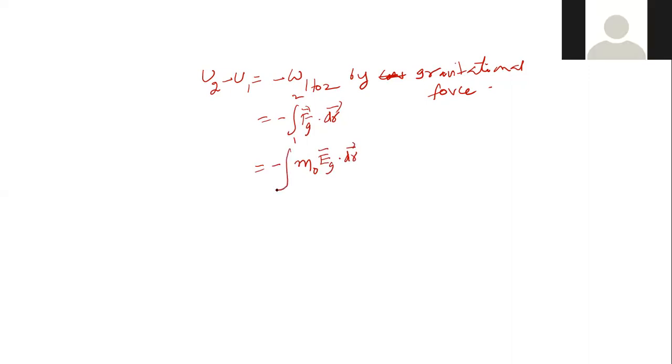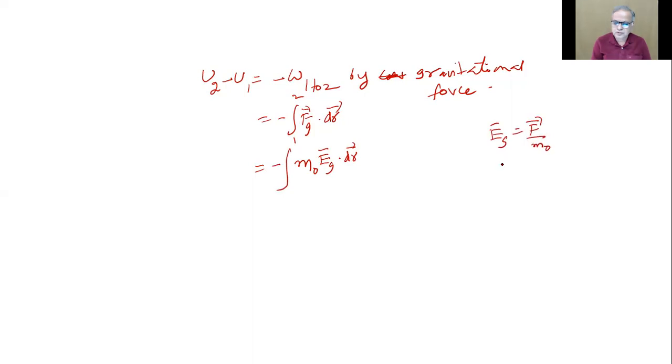Yes, so the field strength, because that is the definition of field strength. So F equals m naught Eg. Now bring this m naught this side, or divide both the sides by m naught.